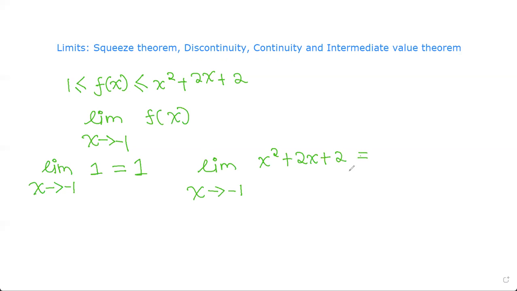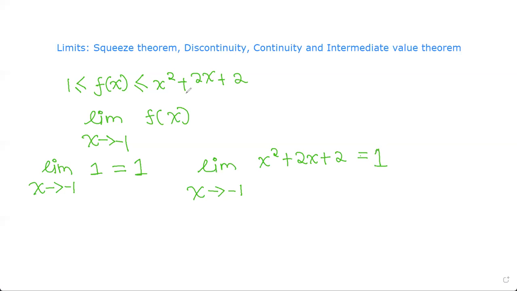So you substitute minus 1 in this. So you get 1 minus 2 plus 2, which is 1.